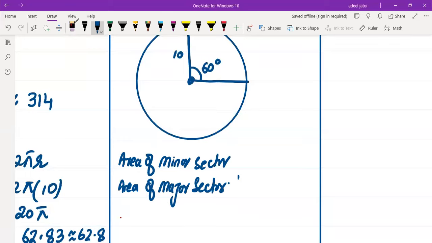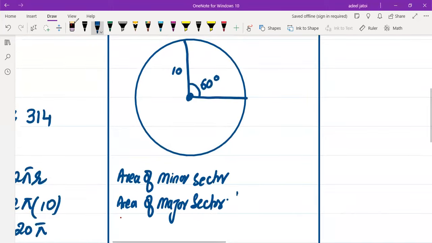You must realize one particular thing: the minor sector and the major sector are in the circle itself. So you already know that the entire circle area formula is pi r square.